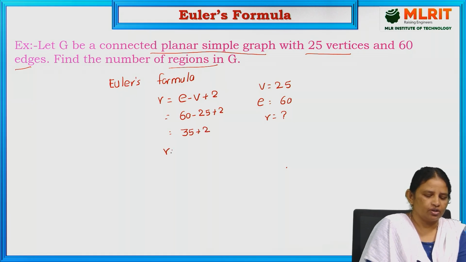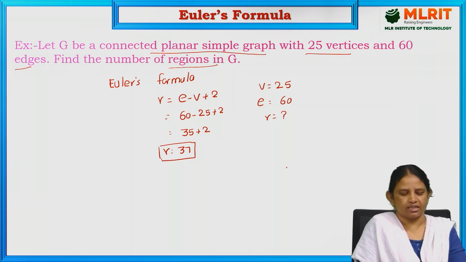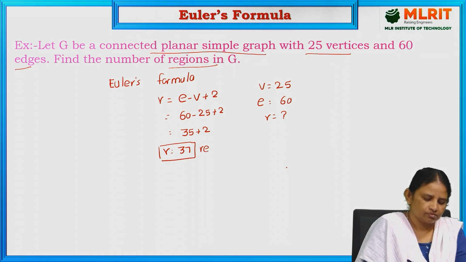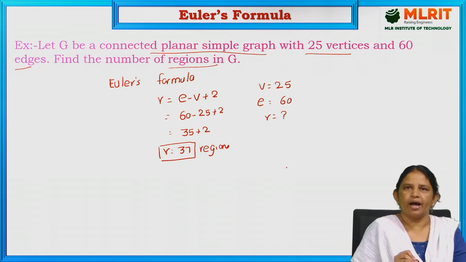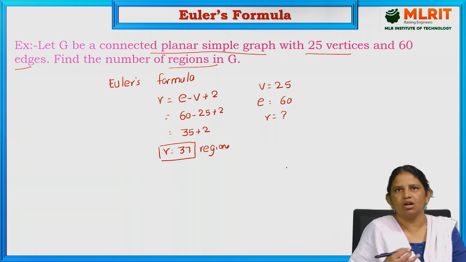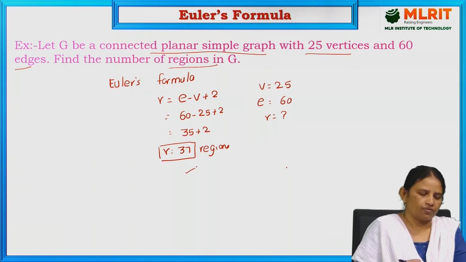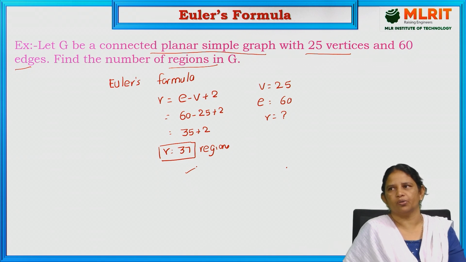R is equal to 37. Total 37 regions are present in the graph. If there are 25 vertices and 60 edges, there are 37 regions in the given graph. That is the example for Euler's formula.